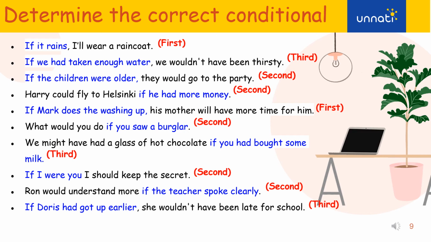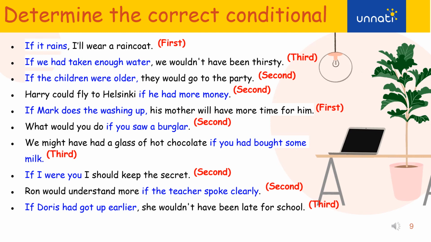Now, for you guys to understand better, I have colored the condition in blue and I have let the result be in black, so you can differentiate and understand. So if we had taken enough water, past perfect, we wouldn't have been thirsty. Wouldn't have been, participle form, hence third conditional sentence.